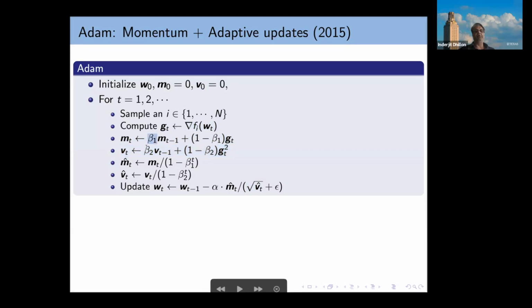So typically there's beta 1, there's beta 2, and then you do this update, which is now momentum, kind of like this, except they have this bias correction term over here. And then there's a little bias correction term over here for the v's. And you basically have m_t divided by square root of v_t, and v_t are the squared gradients.